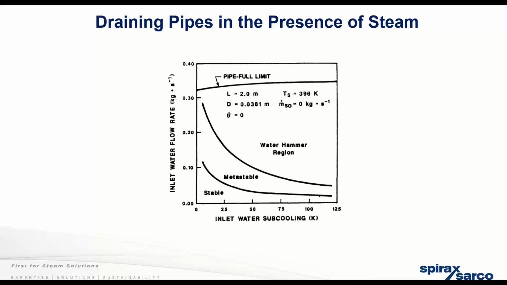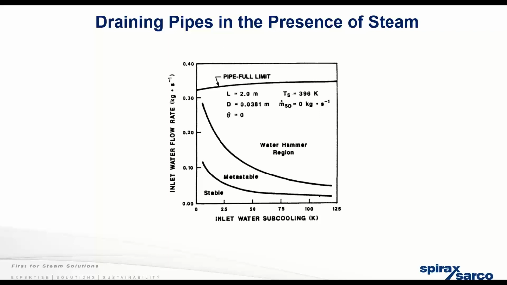Okay, so this study on water hammer is invasive, it's forensic, it is what it is. But if we look at some of the zones, what we have on the left-hand column rising is the water flow rate or the draining flow rate of condensate.